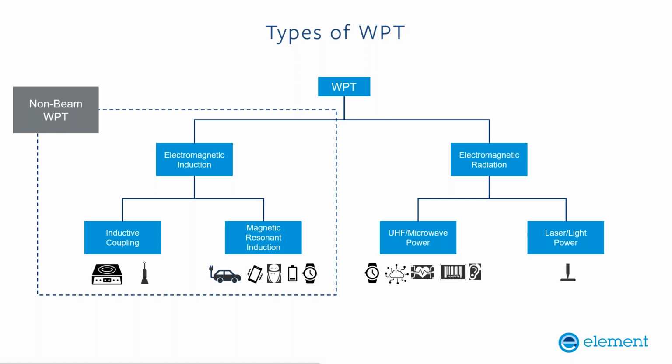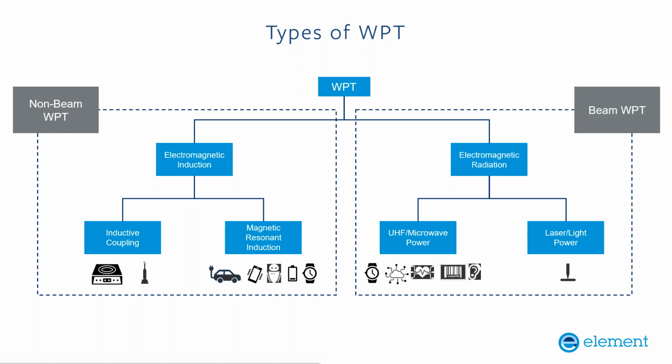But all of those devices on the right side, again, we group together and we call beam WPT. Now, when we say beam, we don't mean beam forming. That may be something that people work on in the years ahead, but what we really mean is directivity. As we go higher in frequency, electric waves become more directional, and so the ITU just generically refers to these as beam WPT, where the antenna has some directivity to it.